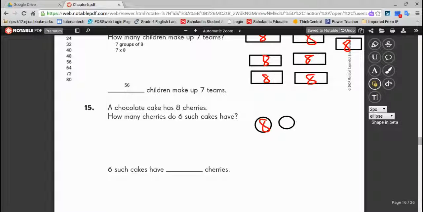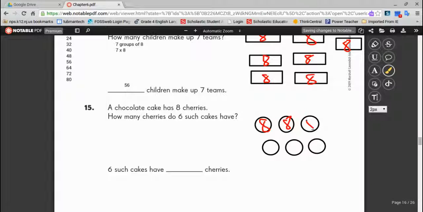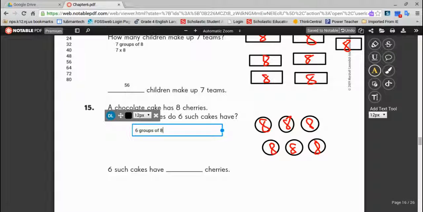So it's 1 cake, 2, 3, 4, 5, 6 cakes. And I know each one of them has 8 cherries. So if you look at this picture over here, this is 6 groups of 8, or 6 times 8.